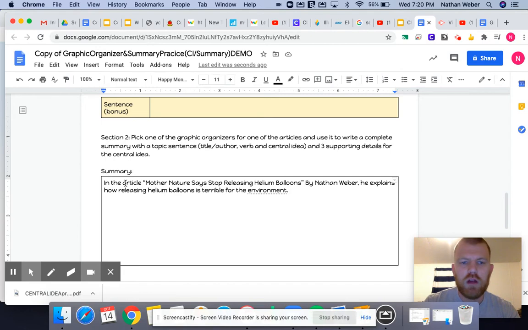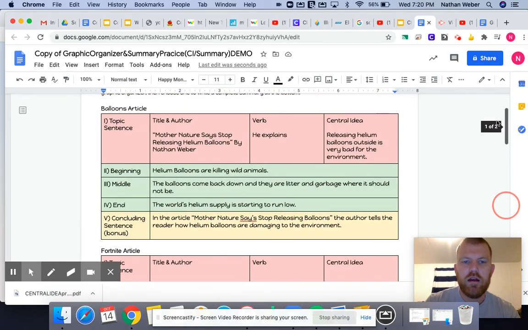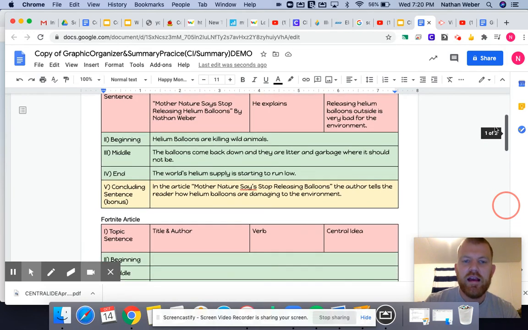So now we have our topic sentence done, and now we need to find our three key details, and include transitions.